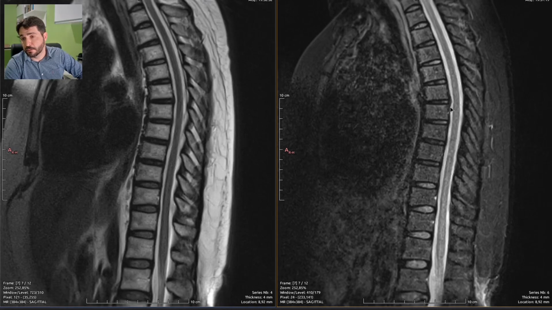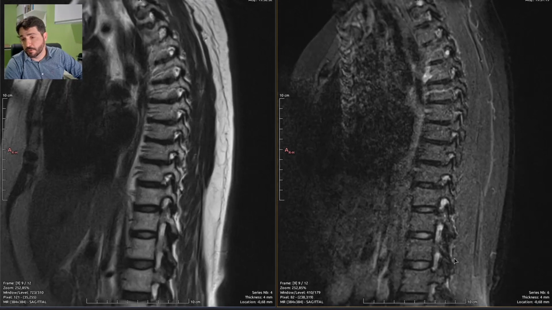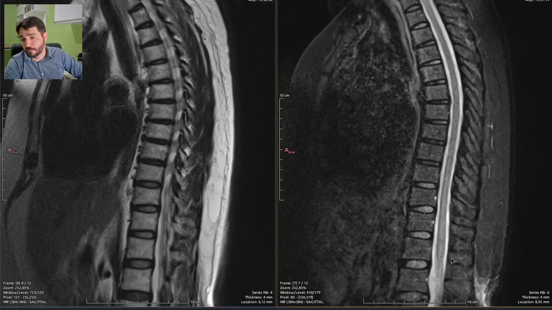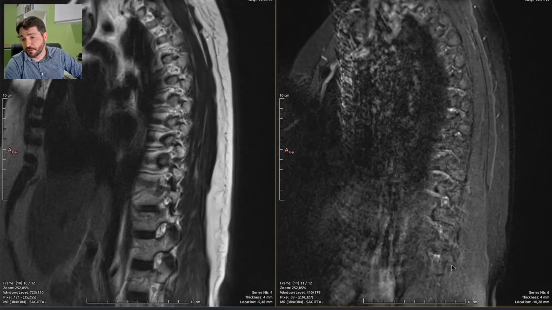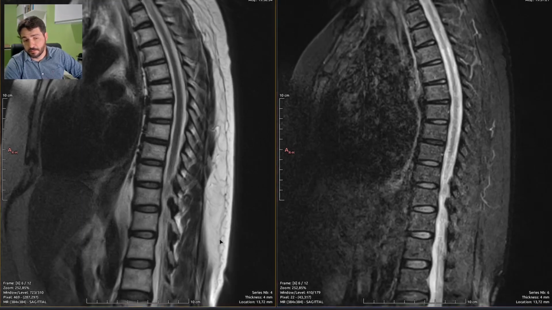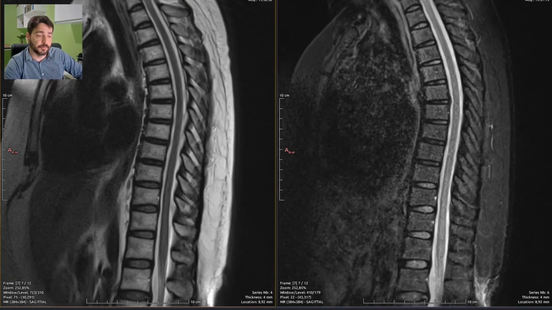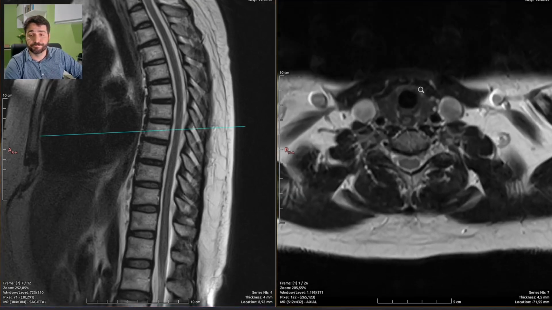So you can easily see the bulging disc right here and a probable bulging disc right here. I can't really tell. I don't know. This is difficult. Maybe here. I don't know. Let's go for the axial view.